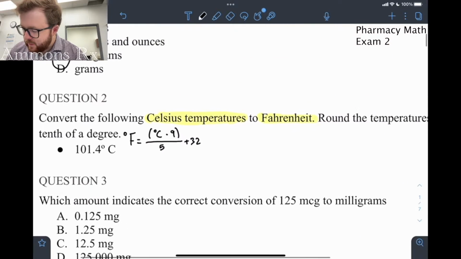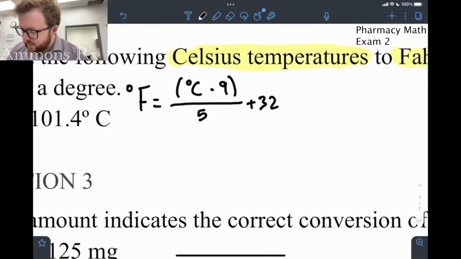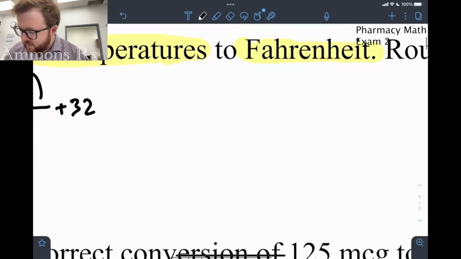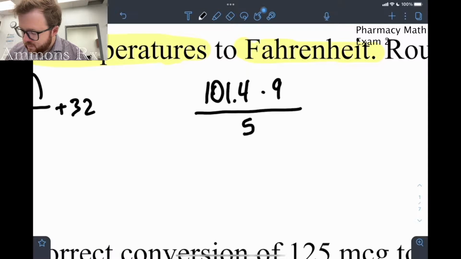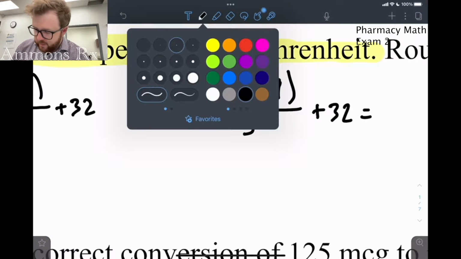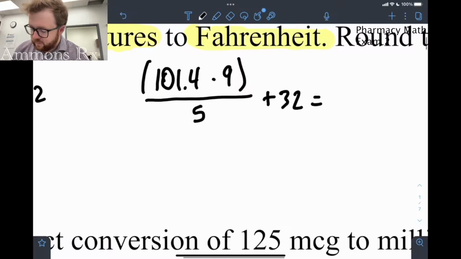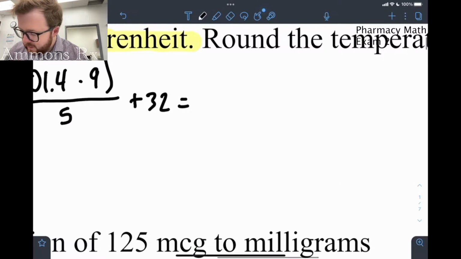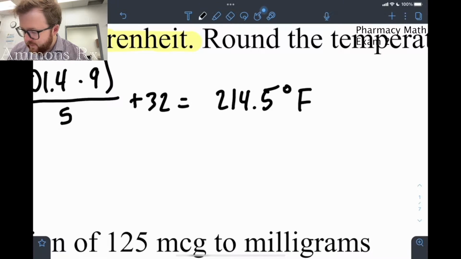So our formula now turns into 101.4 times 9 divided by 5 plus 32, and I'm going to get 214.5 degrees Fahrenheit.